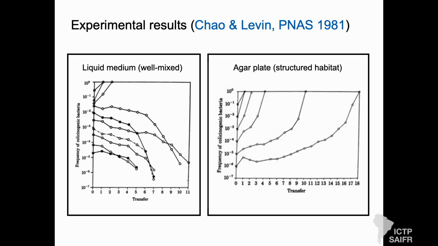And what these researchers found experimentally is that when you place these two strains of bacteria in a well-mixed environment, there is bistability. So basically there is a threshold in the initial population size of the producing bacteria below which it is not able to proliferate in the population. And that threshold disappears when they put the bacteria in a spatially structured population.